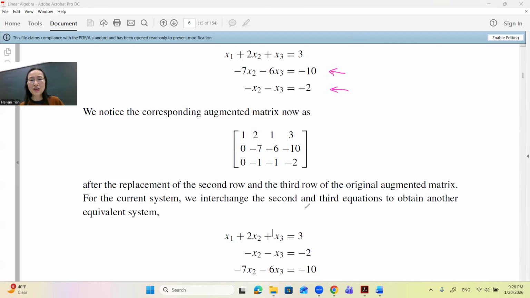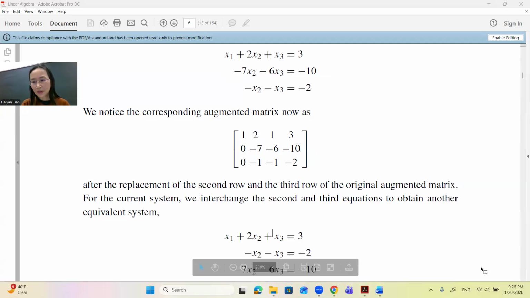The system doesn't change if I swap the two equations, right? So that is equivalent to swapping the two rows. You see? The second row becomes the third, the third row becomes the second. So swapping two equations is the same as swapping two rows in the augmented matrix.